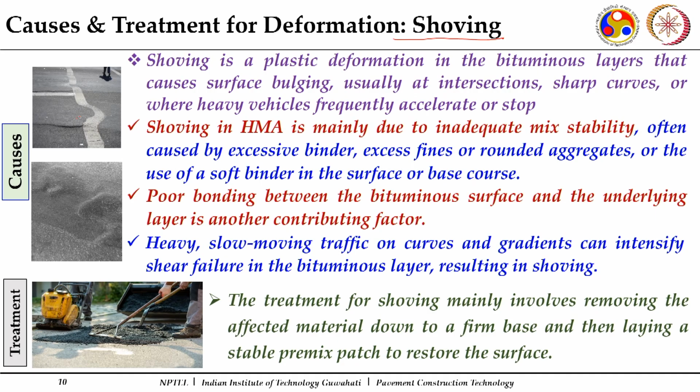You can see there is a shift of the mix which has happened on the edges. This is clearly visible by the pavement marking. Some mix got shifted towards the edges, and some bulging has happened.